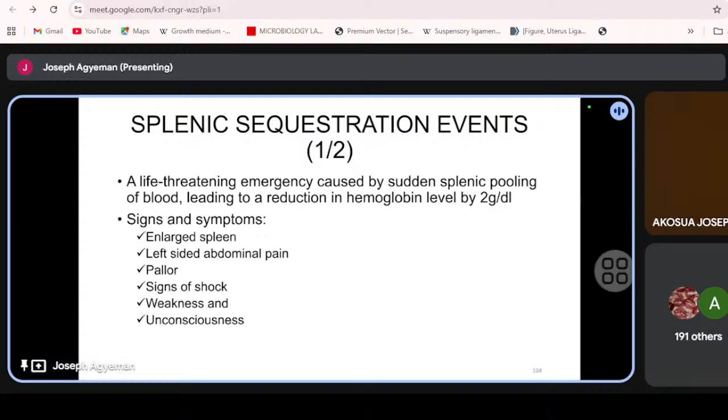That can lead to loss of consciousness. These are all possibilities in splenic sequestrations. As I said, having 2 episodes of splenic sequestration is an indication for splenectomy.